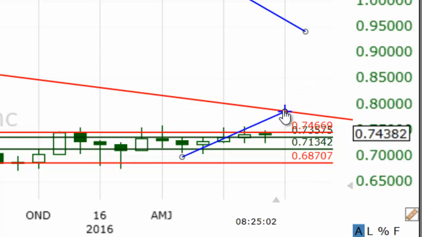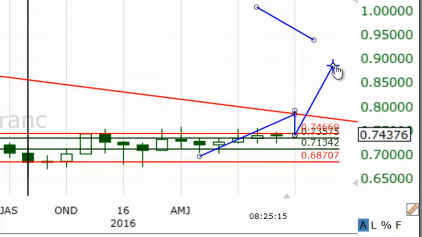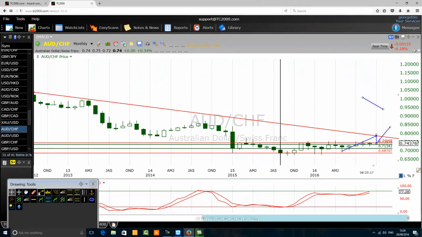It will meet a resistance, which can be this trend line, and then pull back a bit before finally breaking the second resistance, which is the trend line, and then it may pull back again to retest that trend line, okay, before going up.